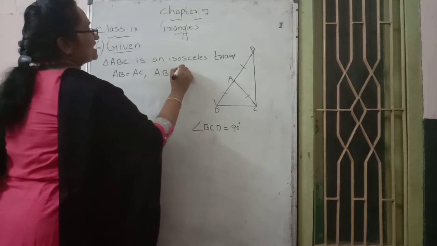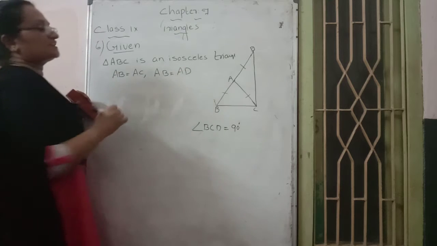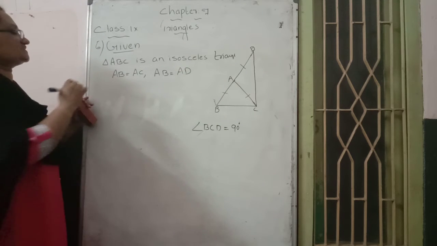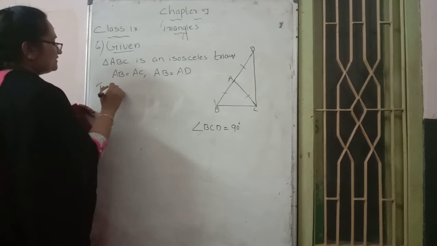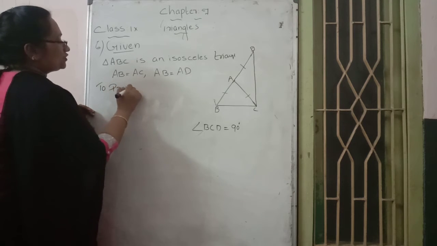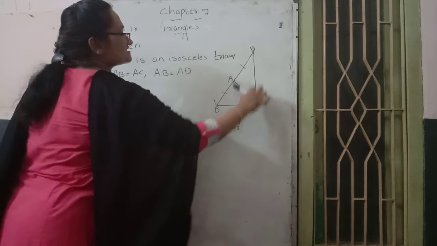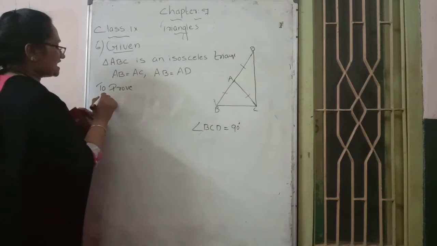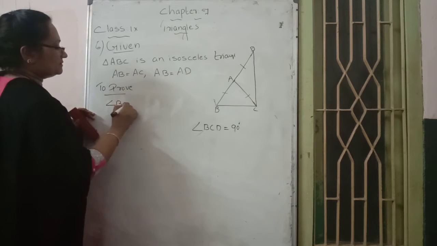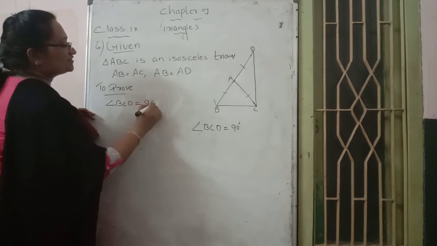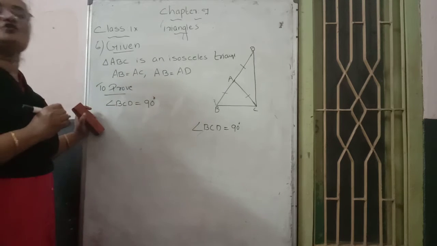That also they gave in the question. These are the information they gave in the question. To prove: in our third triangle, BDC, angle BCD becomes 90 degree. We want to prove this.